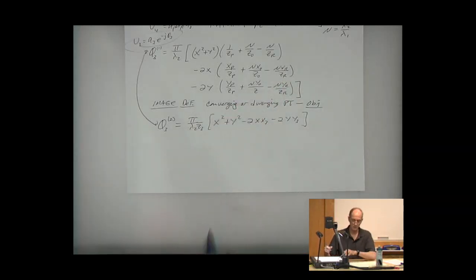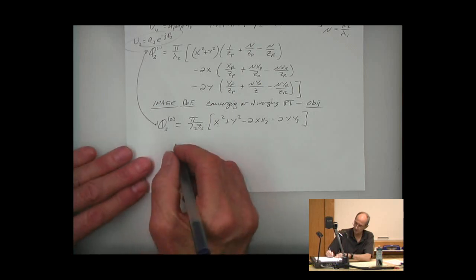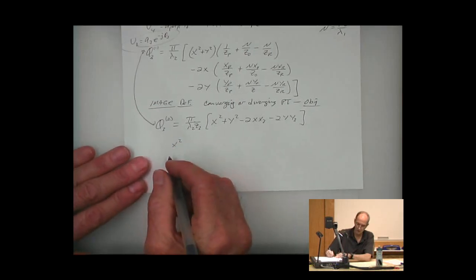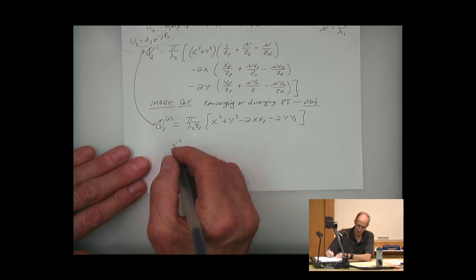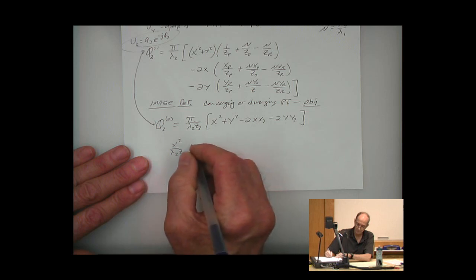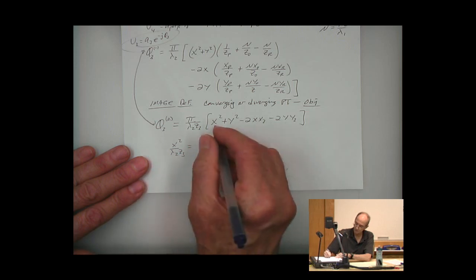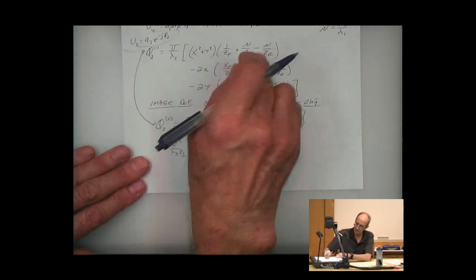So for instance, if we now look at just the x squared coordinates, we have x squared over lambda 2 z3 for this one. This part is equal to that.